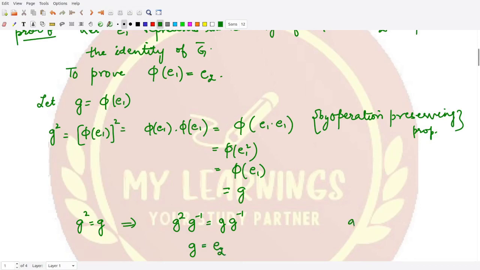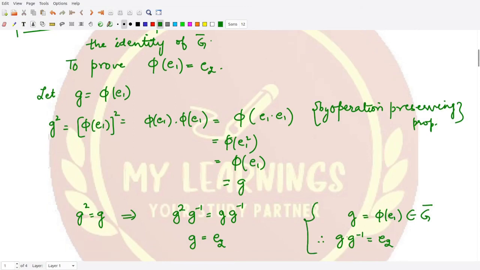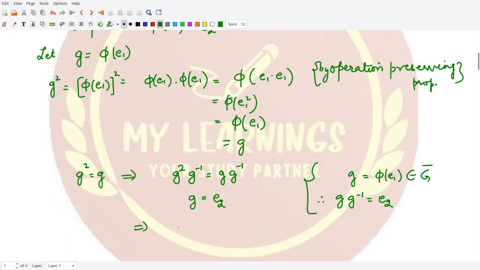Why? Because G was equal to phi of E1, and it was a member of G bar. So therefore G into G inverse would be equal to the identity of the group G bar, right? So therefore G is equal to E2. This implies phi of E1 is equal to E2, and this is what we wanted to prove here. So this is our proof.